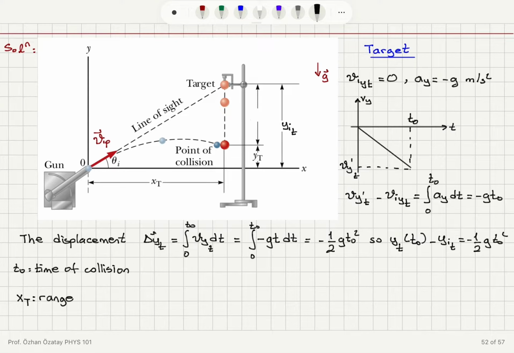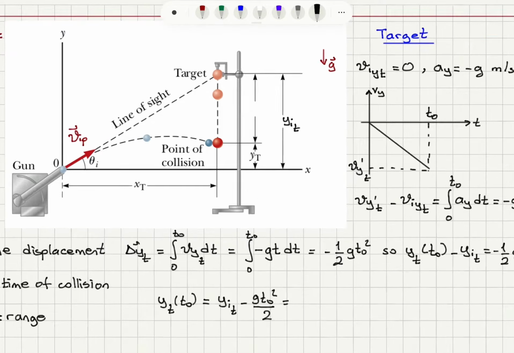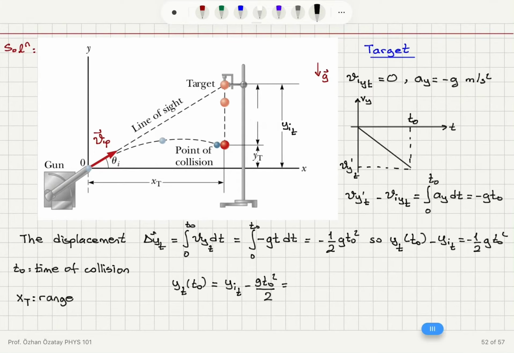Okay, so I find that at the time of collision, the target is at a position, initial position of the target minus g t0 squared over 2, which is what I call yt in this figure. So this is basically yt.